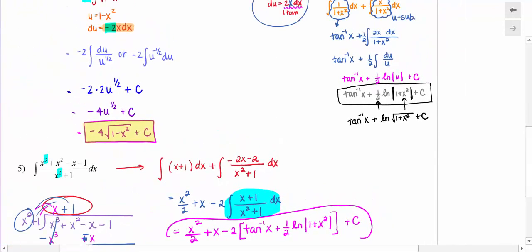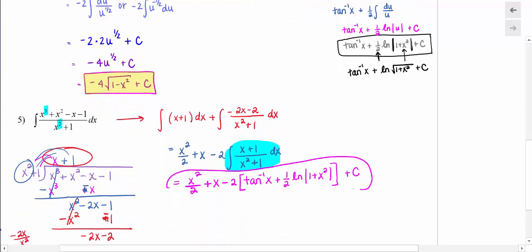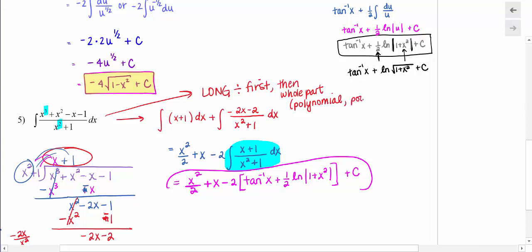So my reason for why is number 5 a fraction, right, because we've been writing down a reason, I had to do long division first, and then I had a whole part or a polynomial, power rule for integration, and the fraction part was like number 4.